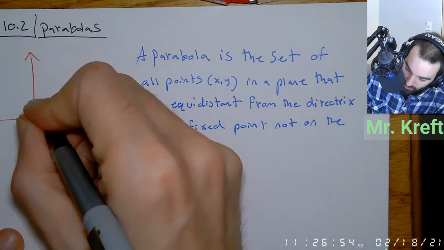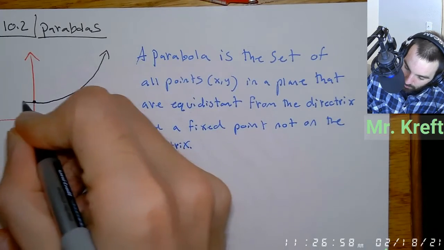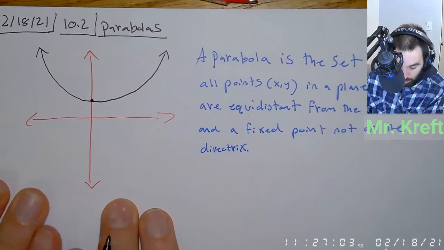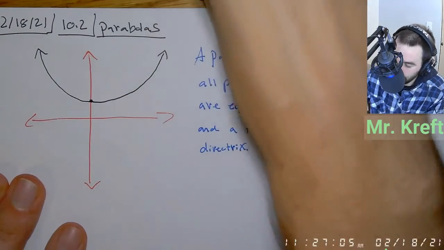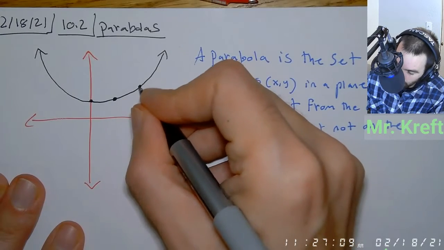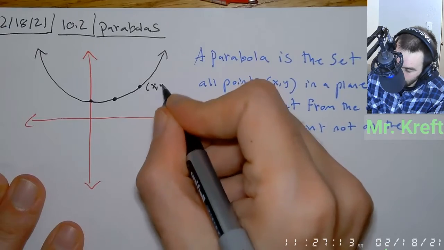Okay, so if I were to draw a basic parabola, it would look like this. Okay, and so what's going on here is that I'm going to add a couple of points. So here's point 1, here's point 2. Okay, and let's say point 2 is some x, y.